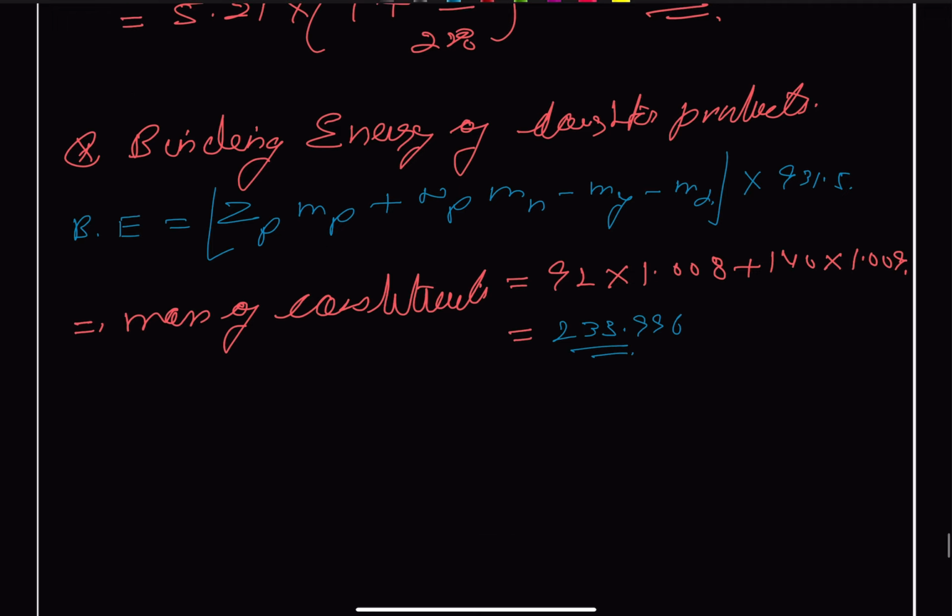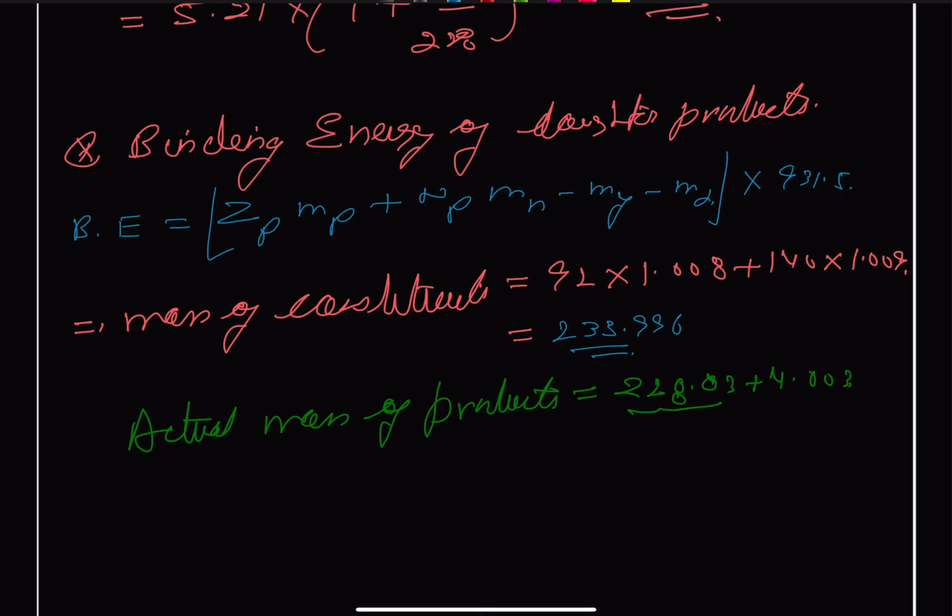Now we can find out the actual mass. The actual mass of products will be equal to My, which is 228.03, plus M alpha, which is 4.003.